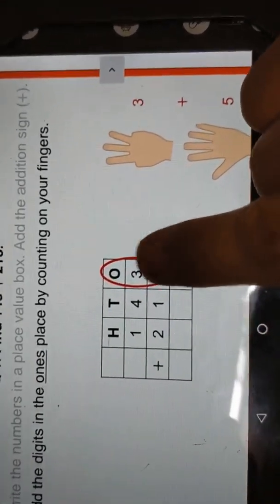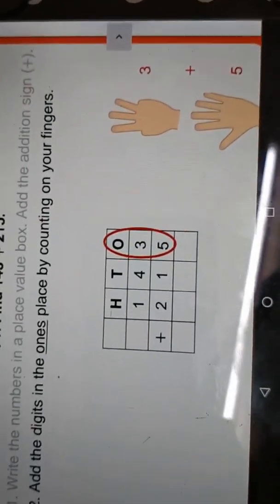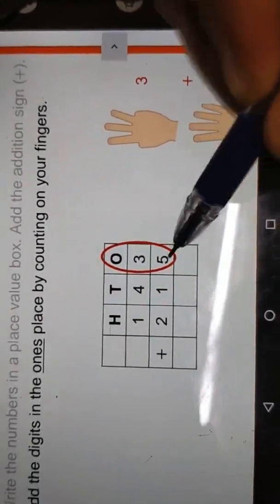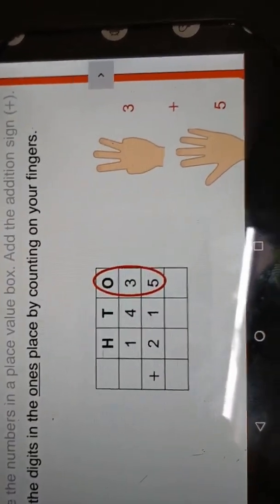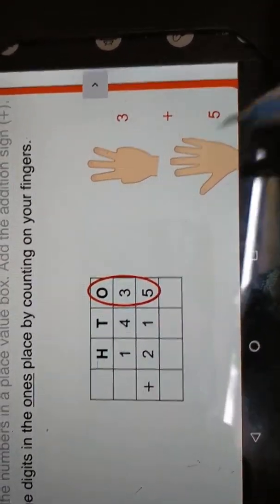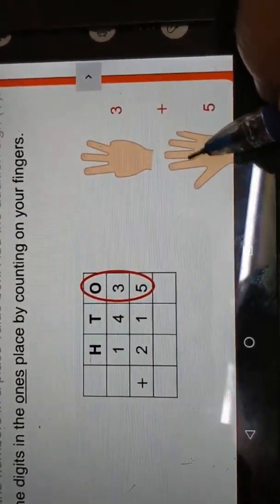Now students, look here. In the ones place, 3 and 5 are there. So we have to count 3 plus 5. 3 on your finger: 1, 2 and 3. That 3 we have to lock in our mind, and after that 5 is there. So 5 on your finger: 1, 2, 3, 4 and 5.